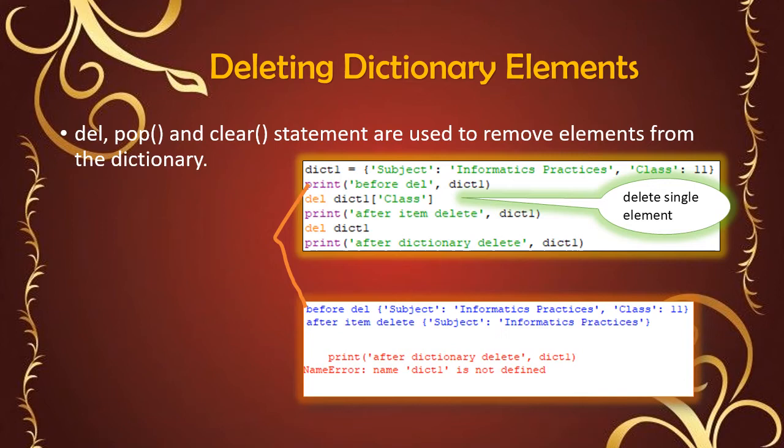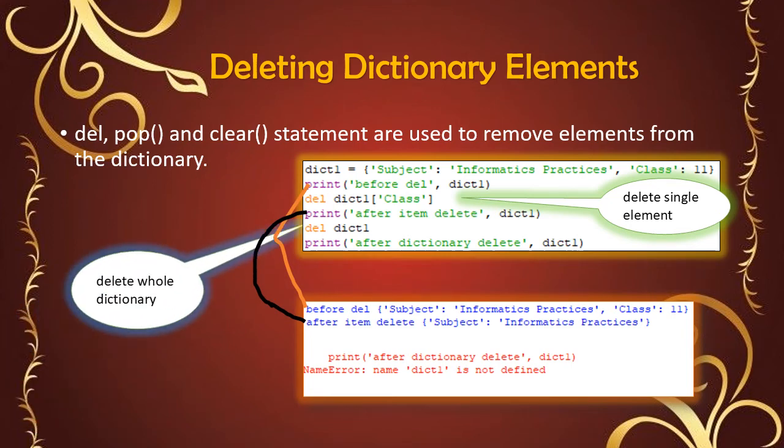Class 11 will be deleted from the dictionary. So after the item is deleted you can see only the subject displayed. And next, del dictionary1 means the entire dictionary will be deleted, including its name. So if you try to print after deleting the complete dictionary, it will show a name error.